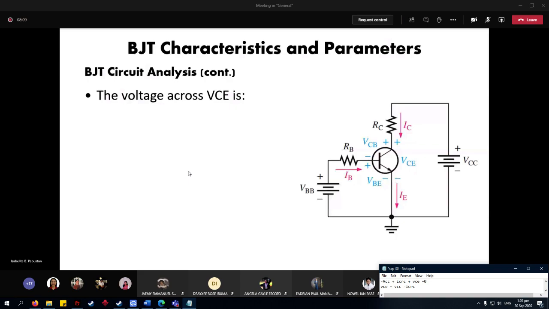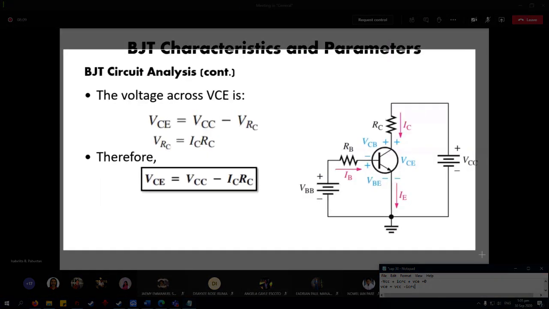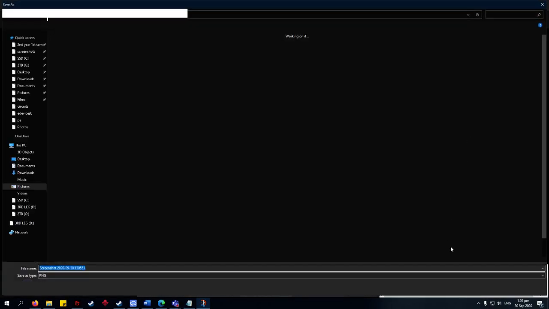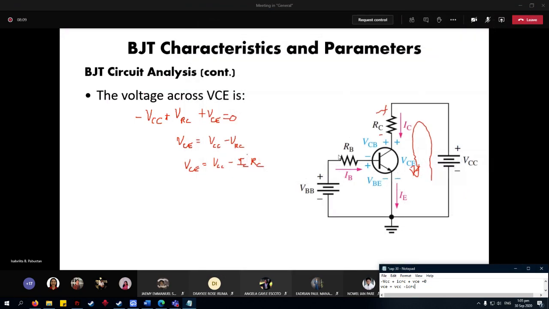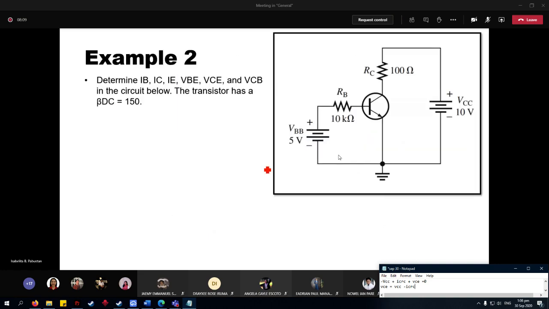I did not memorize. I just analyzed. That is the same thing that I got here. VCE equal to VCC minus ICRC. So, you just remember also that your IC is equal to beta IB. So, for this example, you are being asked for IB, the IB, IC, IE.